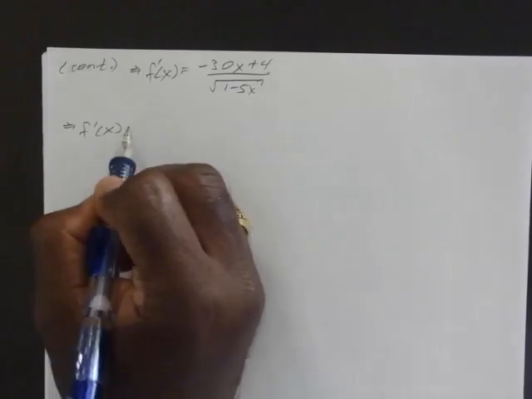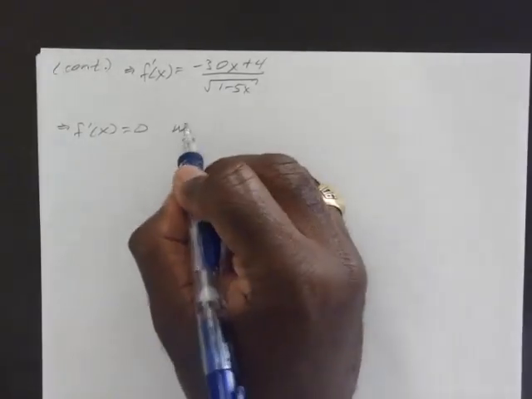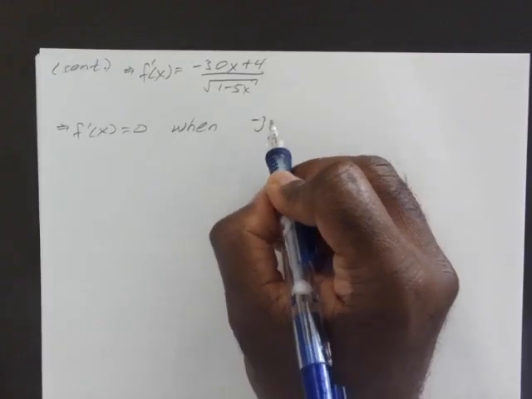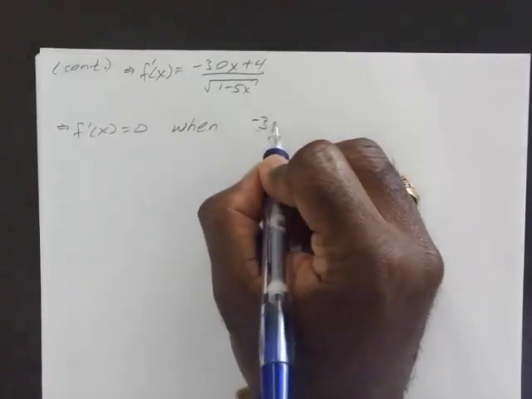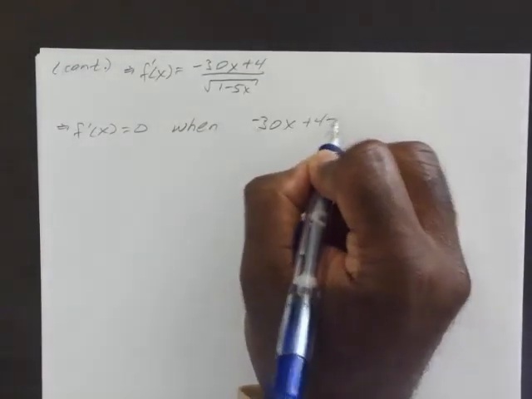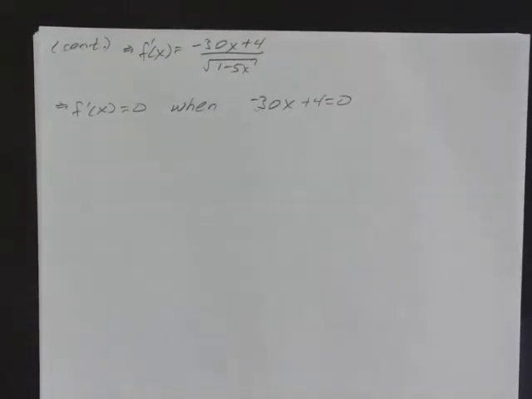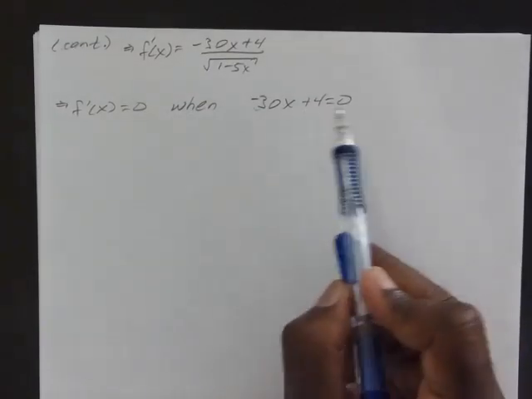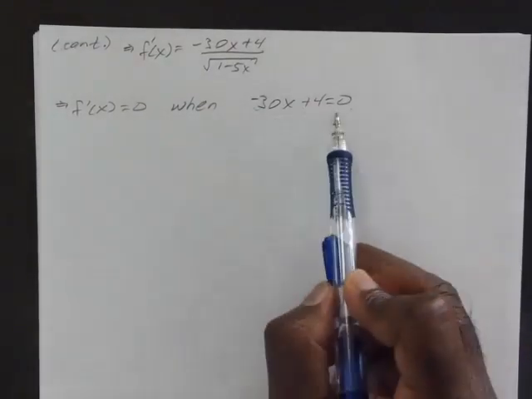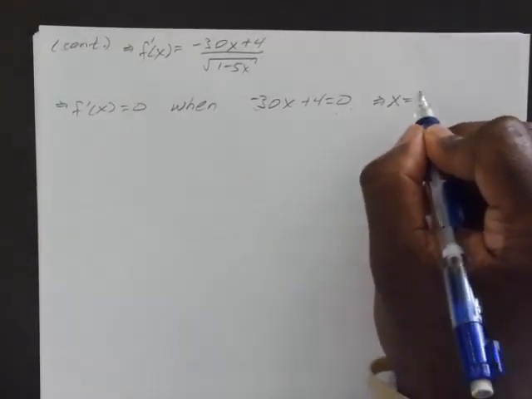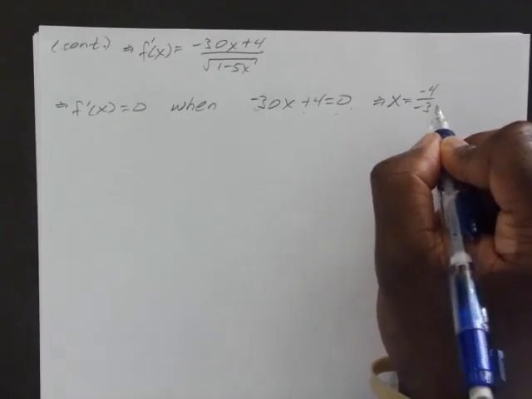Okay, so we know that f prime of x is equal to 0 when negative 30x plus 4 is equal to 0. So if we subtract 4 from both sides and divide both sides by negative 30, we have x is equal to negative 4 divided by negative 30.